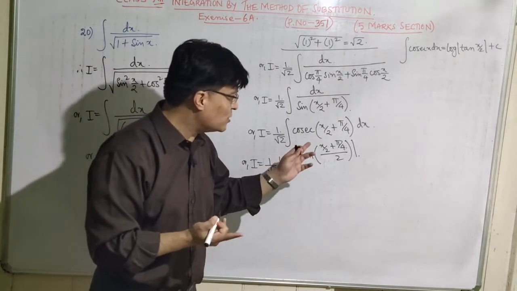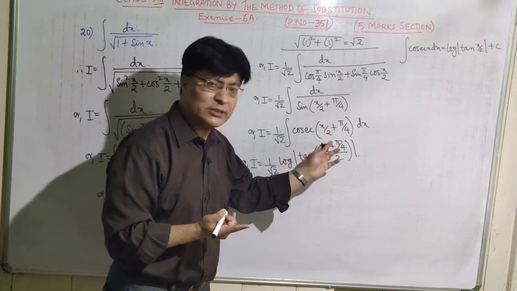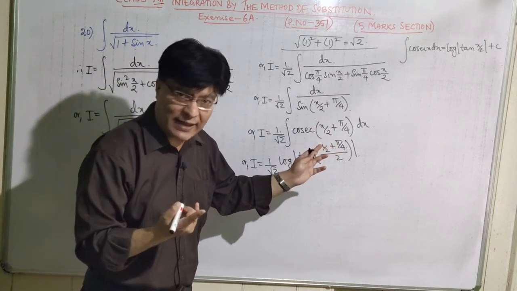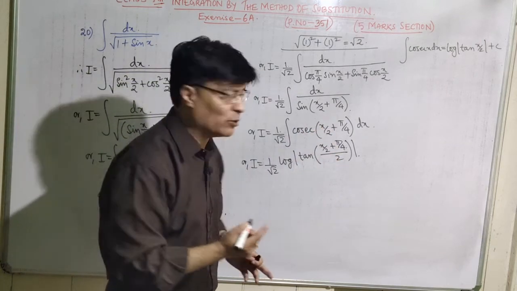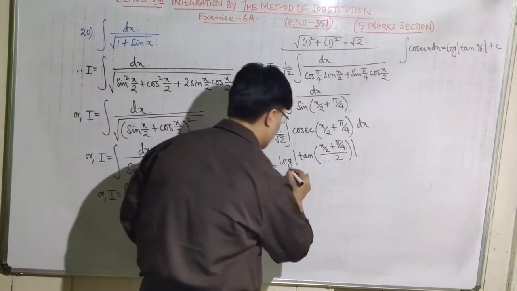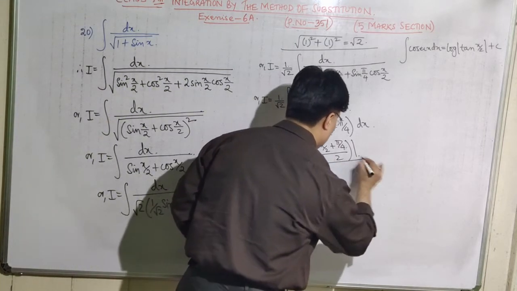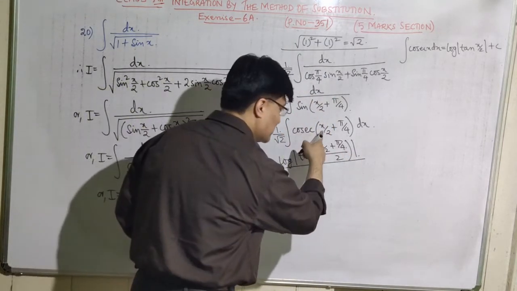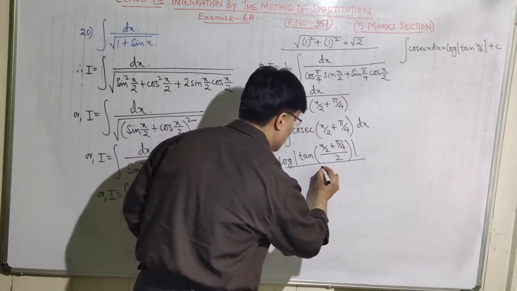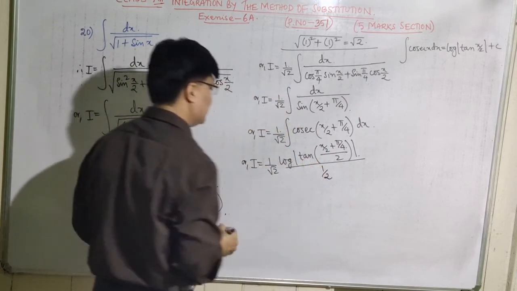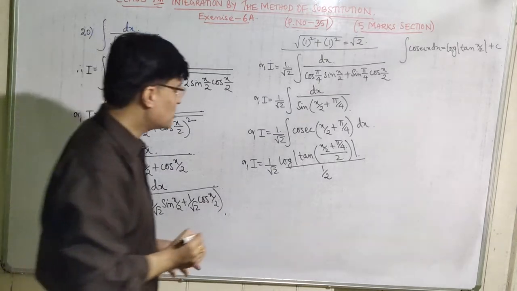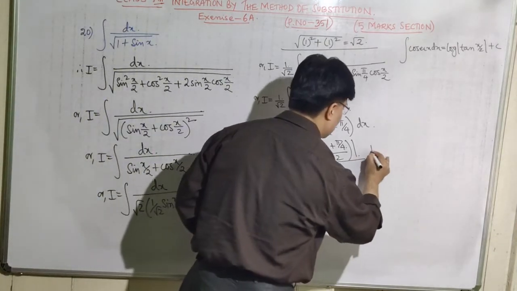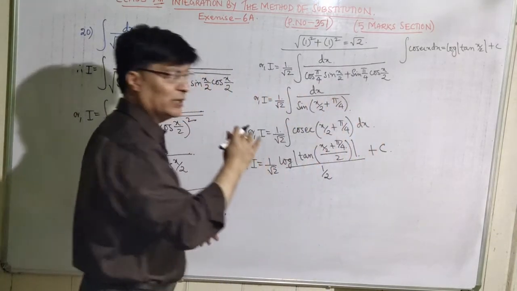So what is this differentiation? For x by 2, differentiation with respect to x is half, plus pi by 4 it is 0. So you have to divide it by differentiation of x by 2 plus pi by 4, that is, it is half. Is that understood? Then we have to write here plus c.